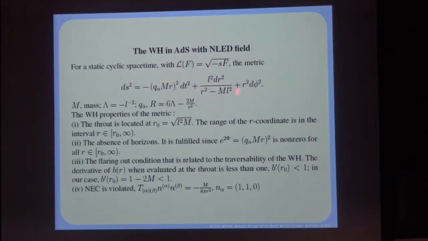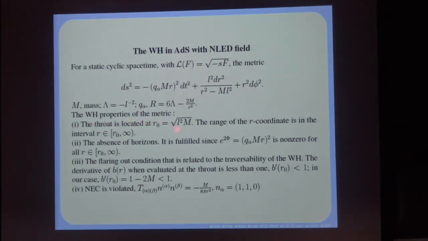So the solution we found is a very simple one, and the electrodynamics we use is this one, with the electromagnetic invariant under a square root. So this is the solution, and it is singular at r equals 0, and is characterized by the mass, the cosmological constant, an electromagnetic parameter, and that's all.